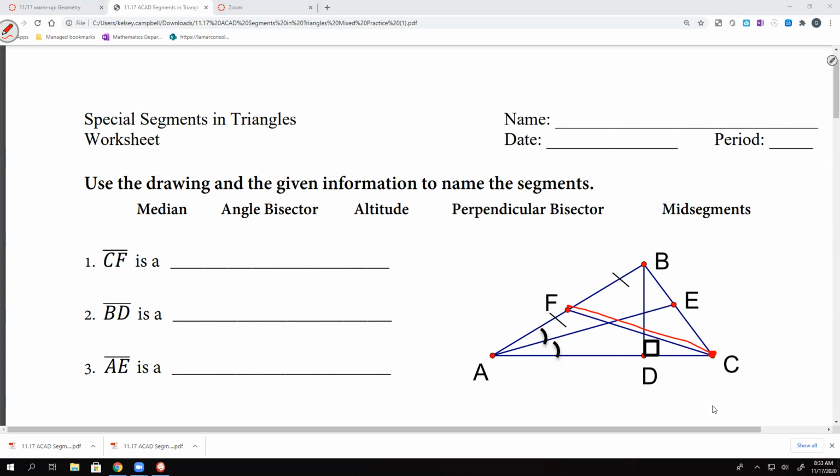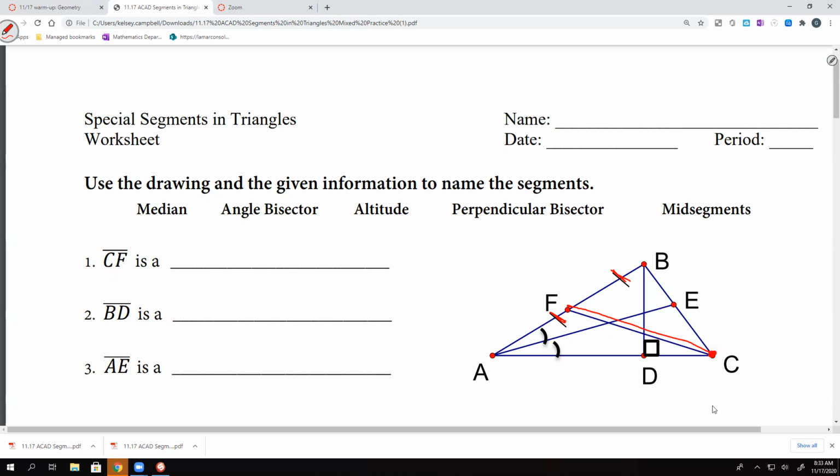What's happening to the side where it's crossing? Right, it's being bisected, yes? So which one of these starts at a corner and bisects the opposite side? Because notice there's no right angle here, okay? So since there's no right angle, which ones can we eliminate? We can eliminate altitude, right?